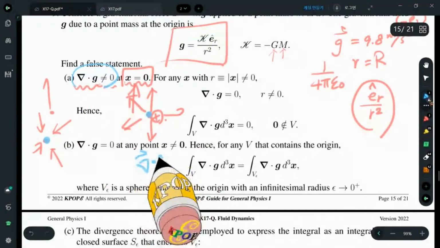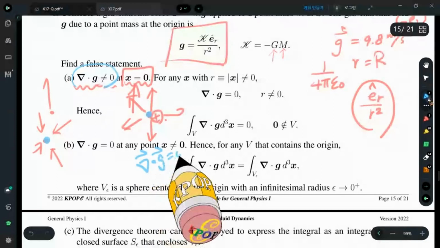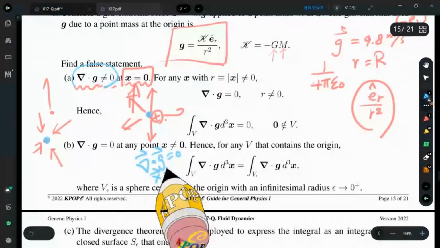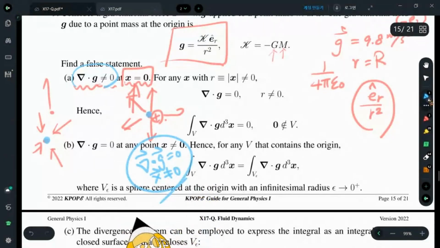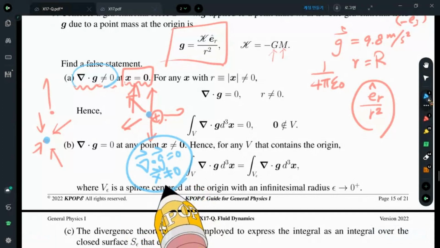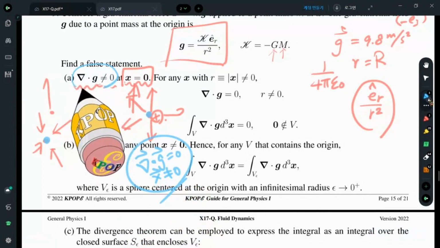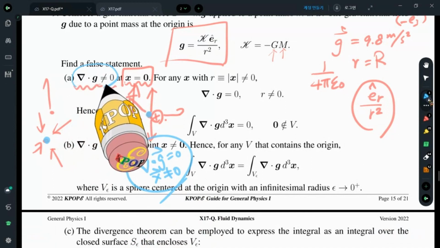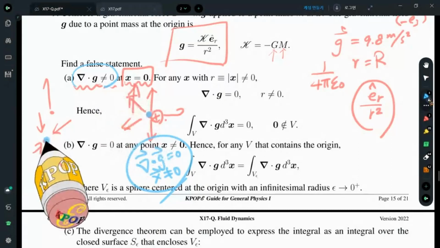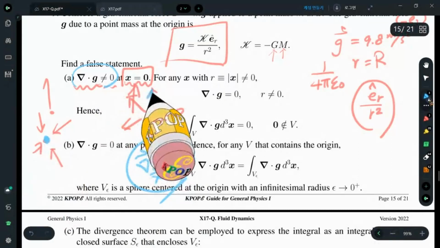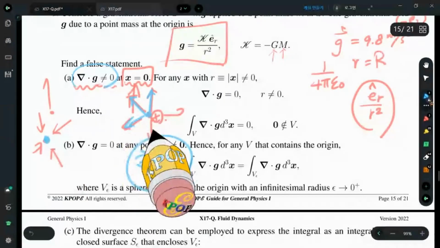So divergence G equals 0 everywhere, except for x equals 0. Remember, divergence G does not equal 0 at the origin. You can see it diverges.